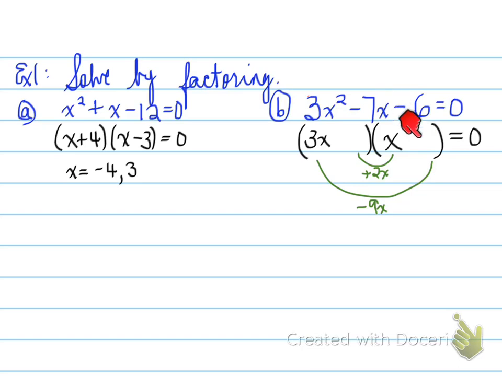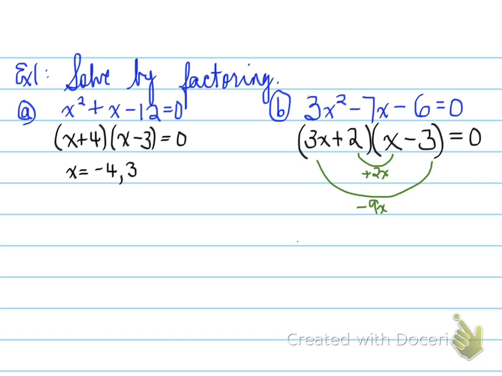So we're going to take from the negative 6 a negative 3. 3 times negative 3 is negative 9. X times what gives you 2x? X times, let's hope you're thinking, that's right, plus 2.